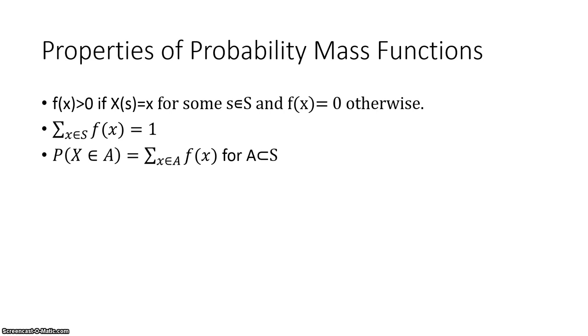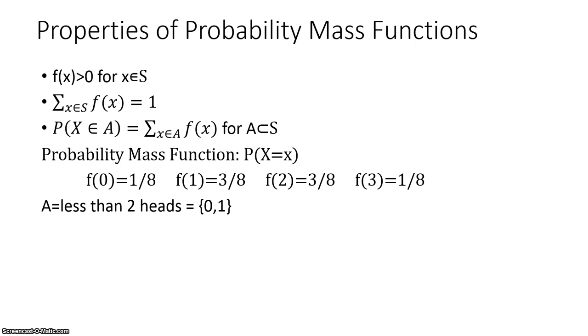Let's take a look at a quick example. Here's the probability mass function that we were just working with. If we are interested in an event A, which is that we have less than 2 heads, we know that the values of x, the number of heads, that are associated with that are 0 and 1.